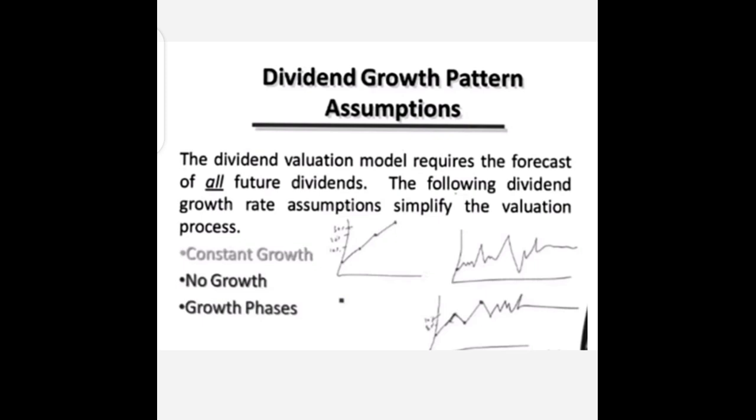And then we have growth in phases. You see in the third graph there are a lot of shapes, curves and fluctuations. Sometimes it expands, sometimes there seems to be a recession. So it is known as growth in phases. We will discuss all the formulas with these dividend growth assumptions.